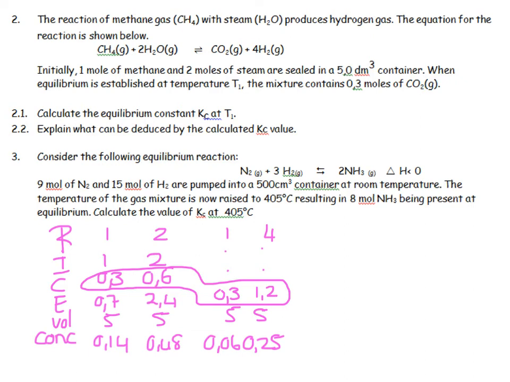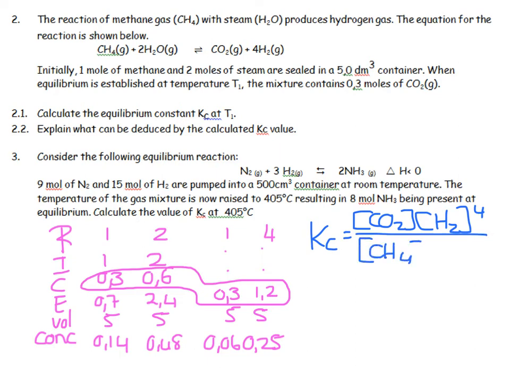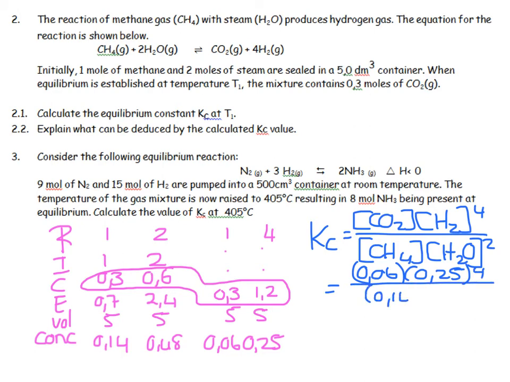Once I have all those concentrations, I can now say Kc is equal to the concentration of products, CO2, it's a gas, H2 is a gas, I need to raise it to the power of 4, over CH4 and H2O squared, and that is equal to 0.06 times 0.25 to the power of 4, over 0.14 times 0.48, and square that.